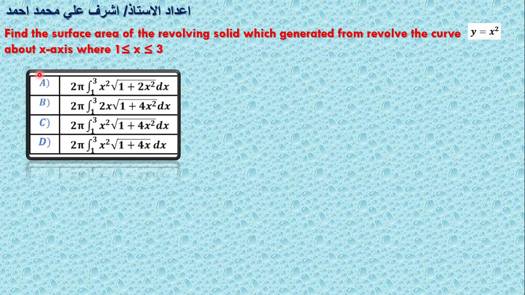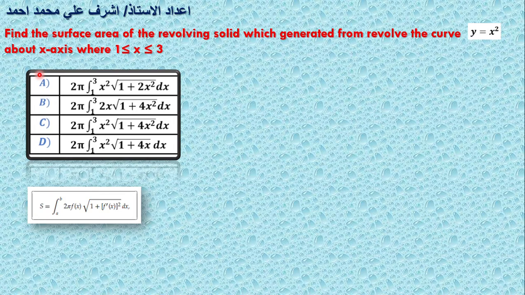Next, guys, this question: find the surface area. What is the formula of surface area? Surface area equals the integral from a to b. This is like arc length, but multiplied by 2π times f of x. So we have to get f of x and f prime of x.